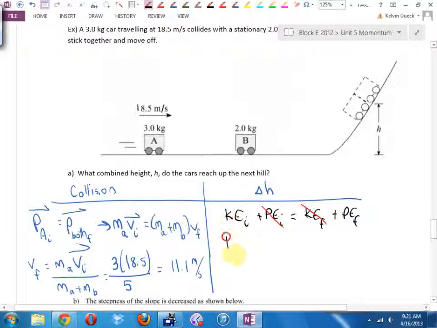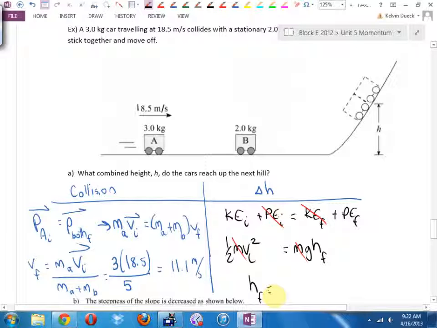It's going to be a half m v initial squared equals m g h final. Which mass? Well, it's the mass of both, but do I really care? What happens to the masses again? Cool. And, oh, yeah, Mr. Dewick, this is exactly like the ballistic pendulum.